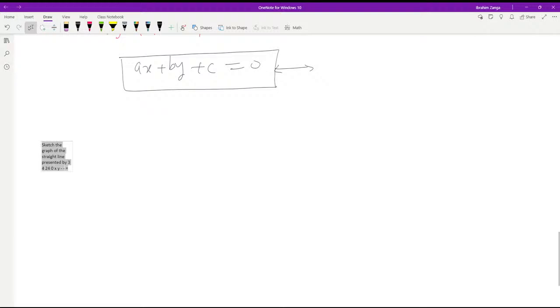So here is the equation, and what we do, we are going to sketch.